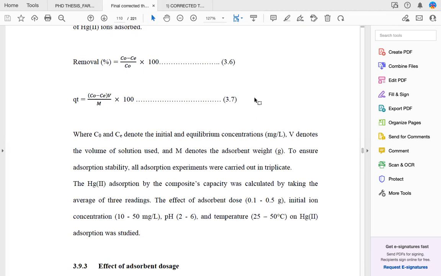You have formulas and you have values from a series of calculations. But you do not want to show the calculation here, right? Sometimes the examiner asks about the calculation. So to be on the safe side, you should put the calculation in the appendix.